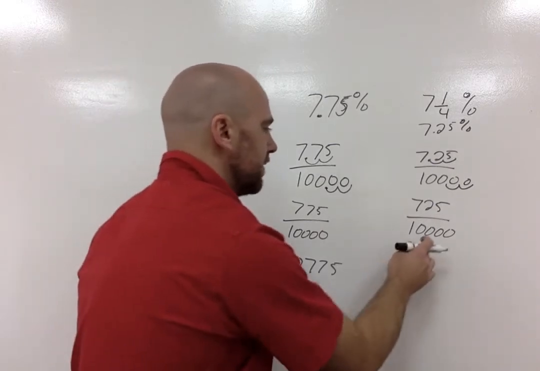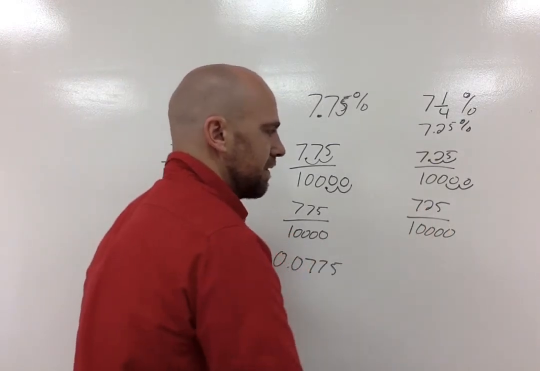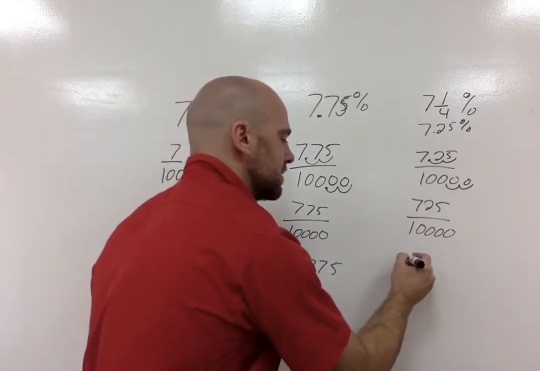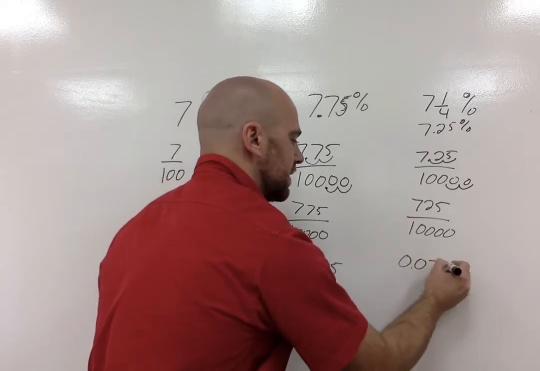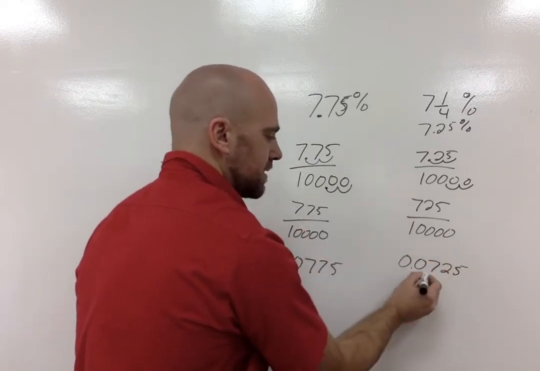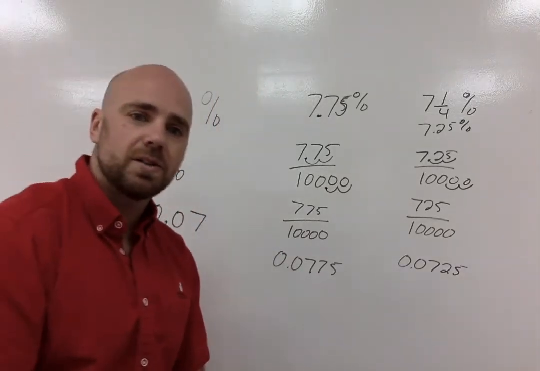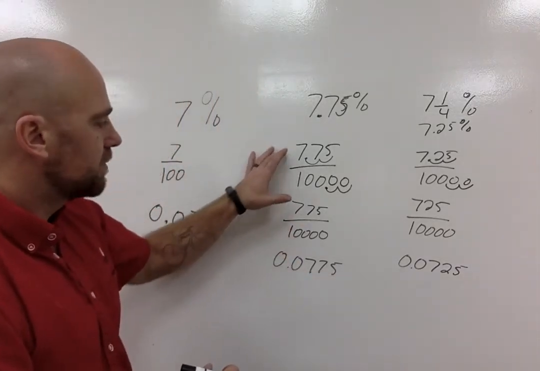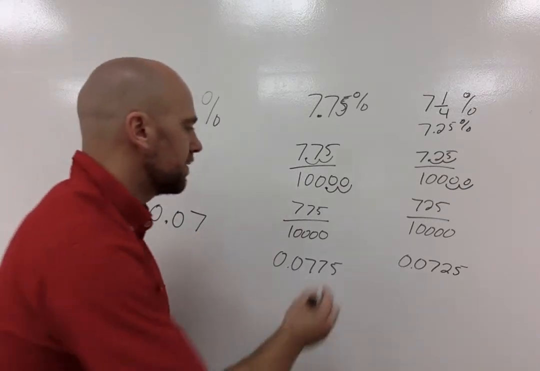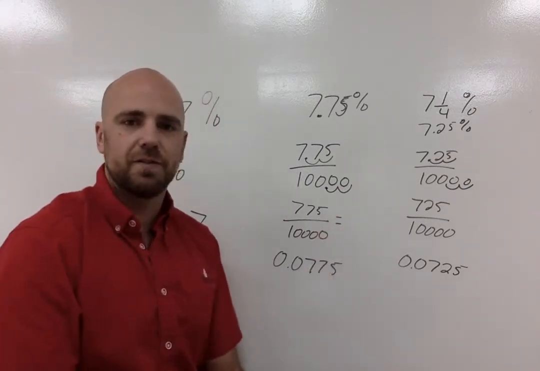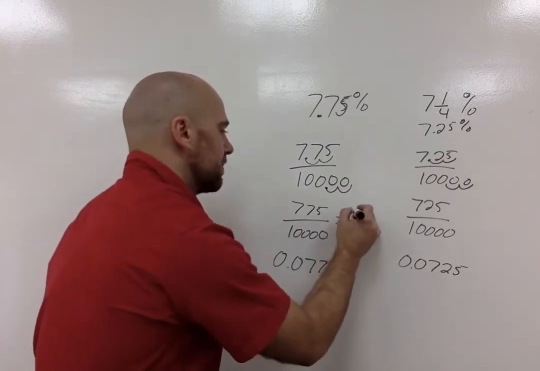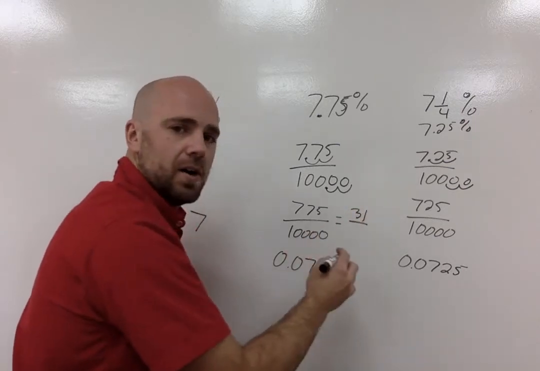Then I'm going to have my 725 over 10,000, so 725 10,000ths. So tenths, hundredths, thousandths, 10,000ths. Okay? If I wanted to reduce these, if I'm looking at this one, I could reduce both of these by a factor of 25, which would end up giving me 31 over 400.